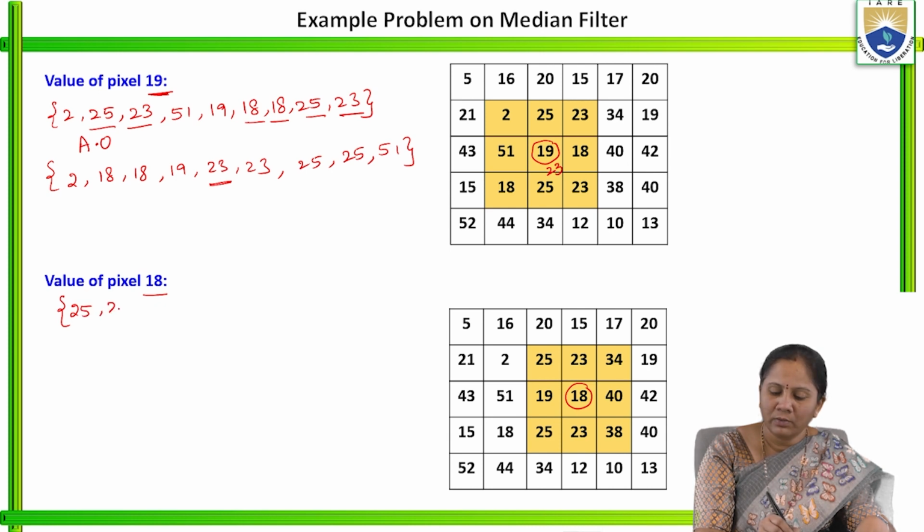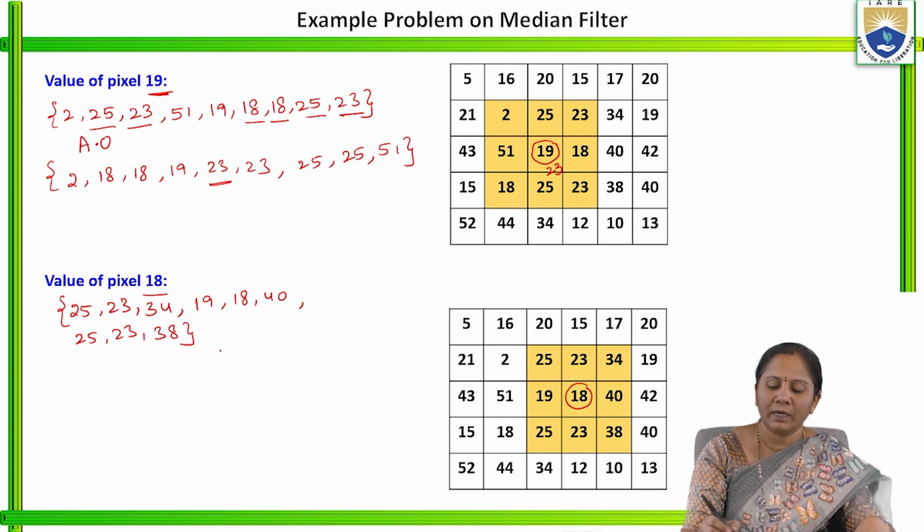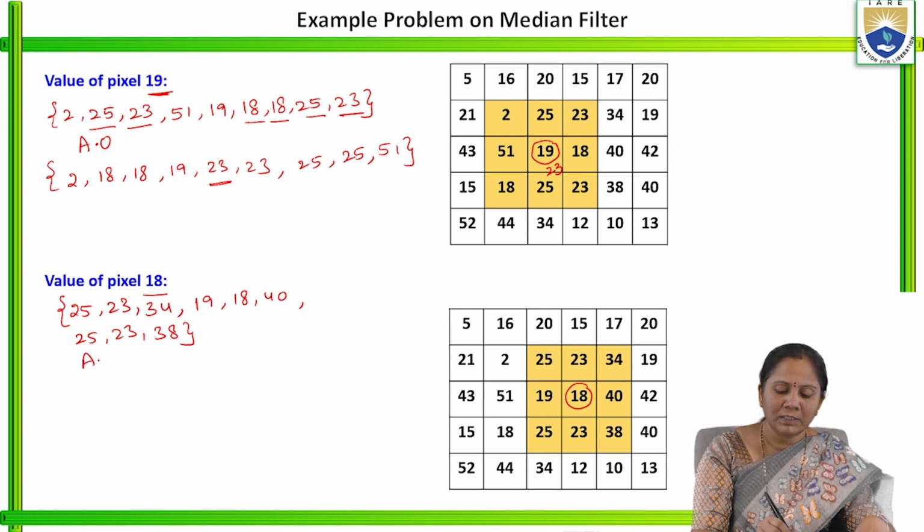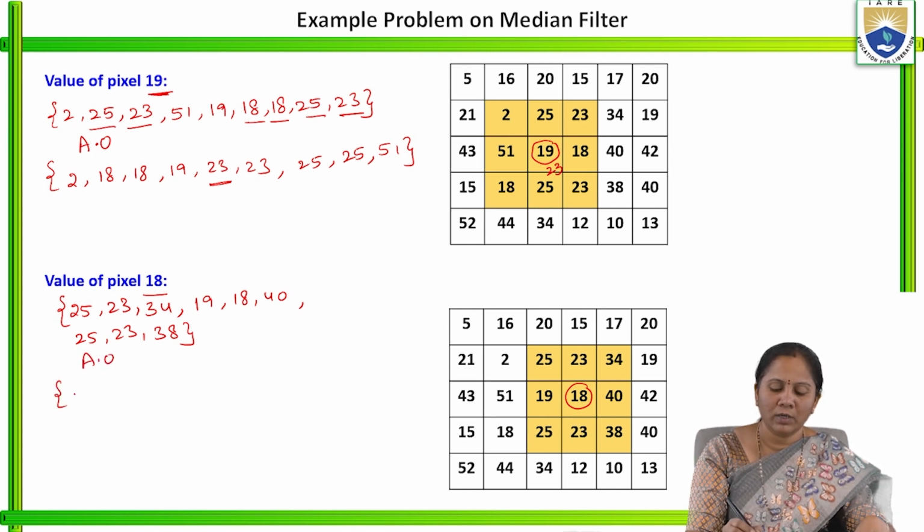So 25, 23, 34, next 19, 18, 40, 25, 23, 38. So here we have considered all the neighborhood pixel values under this mask. And if we arrange them in the ascending order, so here 2 times 23 is there, 2 times 25 is there. Here also we have to write 2 times.